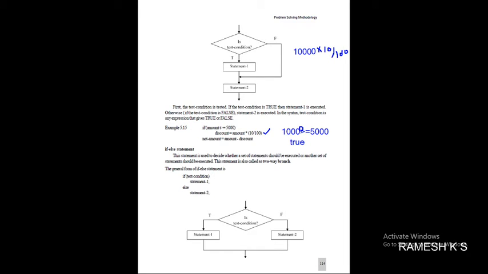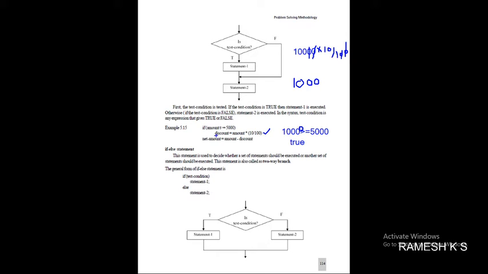Here this 0 and this 0 will be cancelled. 100 into 10, how much? 1000. So the discount will be 1000. Those who purchase more than 5000 in value, the amount which exceeds 5000, the discount will be applied. So for 10,000, the discount will be 1000.